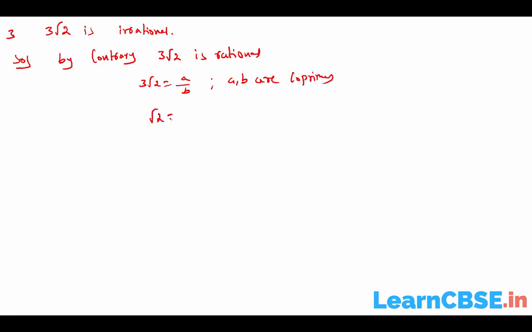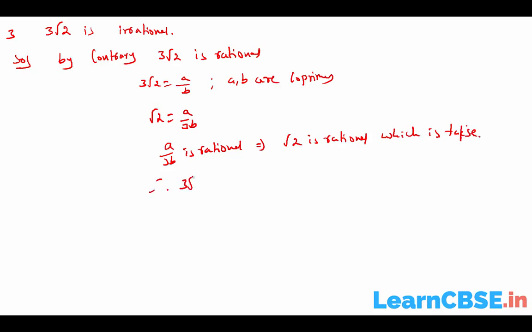From this, root 2 equals a by 3b. From this you can say that a by 3b is rational. That implies root 2 is rational, but which is false, because we know that root 2 is irrational. Therefore 3 into root 2 is also irrational. Hence proved.